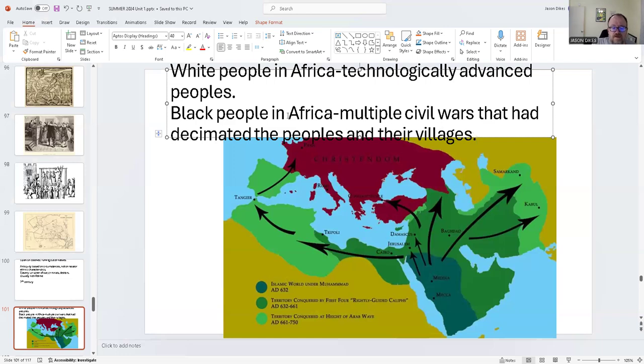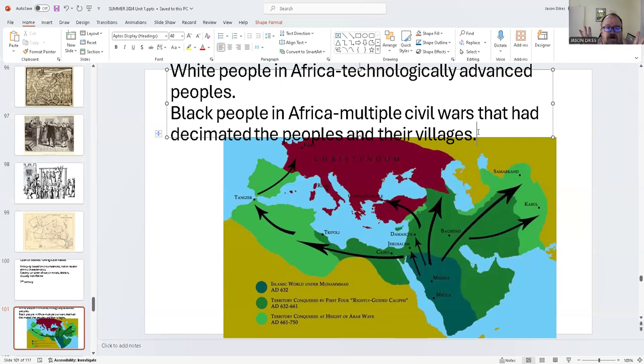And so this part of Africa where the Arab conquest began brushing up against Black Africans had pretty much been laid waste to.